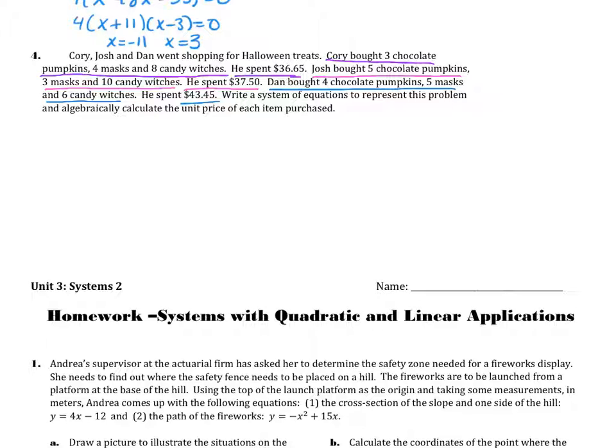Now, I want to write a system of equations to represent this problem and algebraically calculate the unit price of each item purchased. So my goal is to find how much each item costs: how much each chocolate pumpkin costs, how much each mask costs, and how much each candy witch costs.